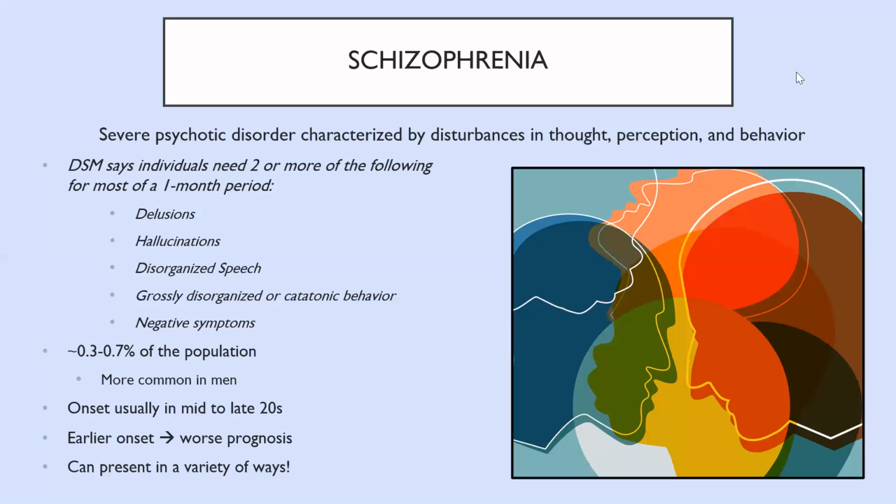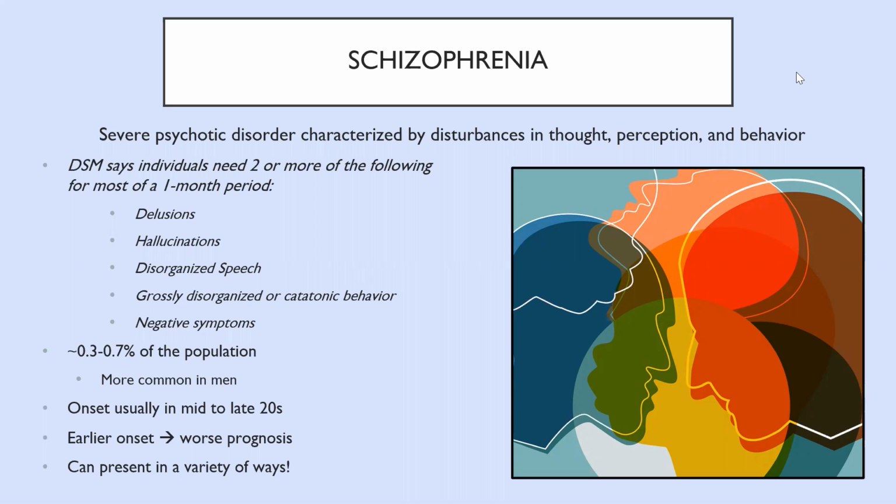Okay. You can also have disorganized speech. And an example of that would be that word salad, so that unintelligible mixture of words and phrases, grossly disorganized or catatonic behavior. Catatonic behavior is going to be very, very slowed down, very little movement.